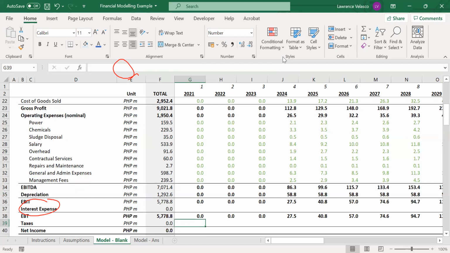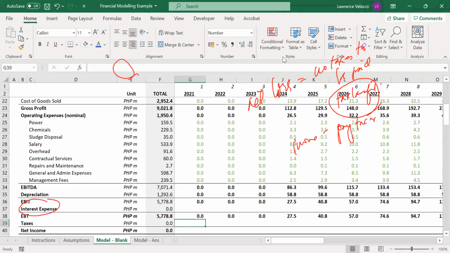Now, how do you compute taxes? Okay? If it is a net loss, no taxes to be paid. In fact, you have a tax benefit. Okay? If it is a net income, you pay taxes.